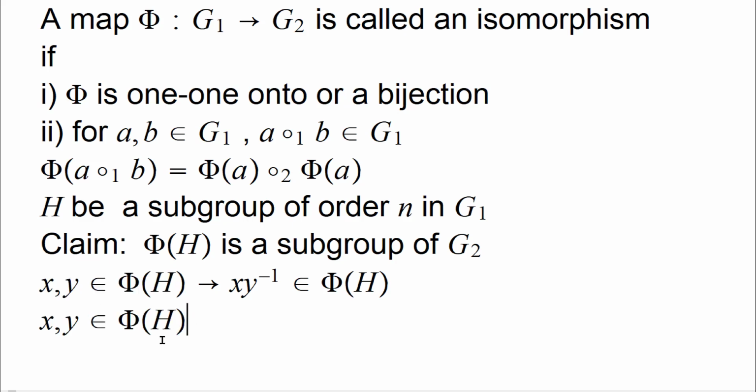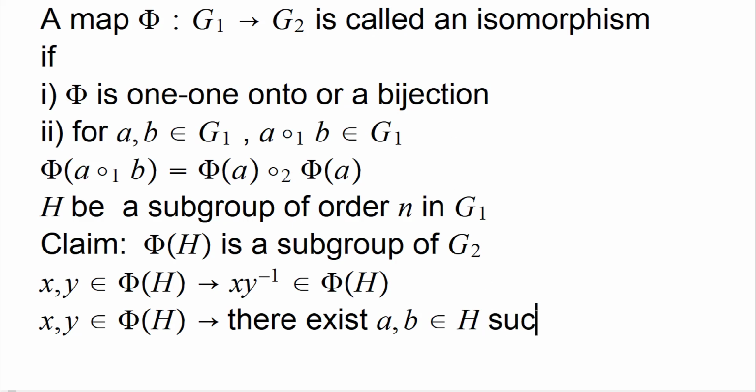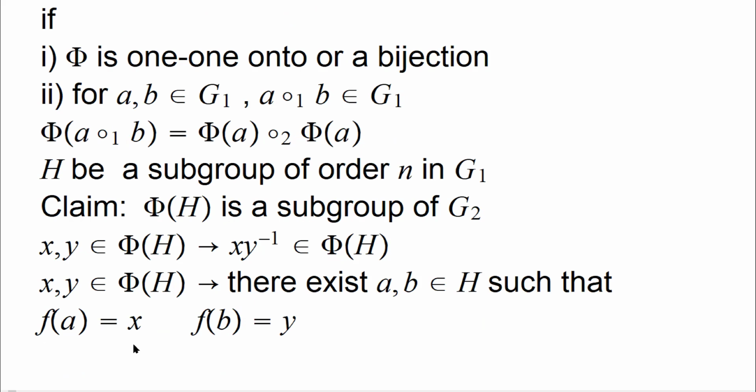Of course, H to phi H is an onto map, so there exist A and B in H, because we are looking at the direct image of H, such that phi of A is X and phi of B is Y. This is because phi of H is the image of H.